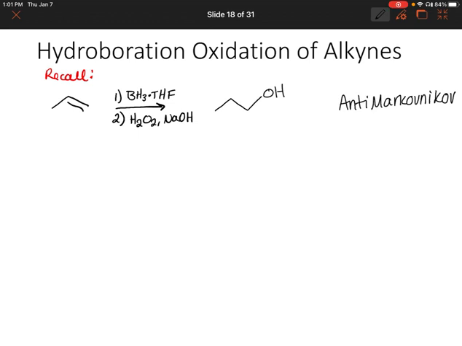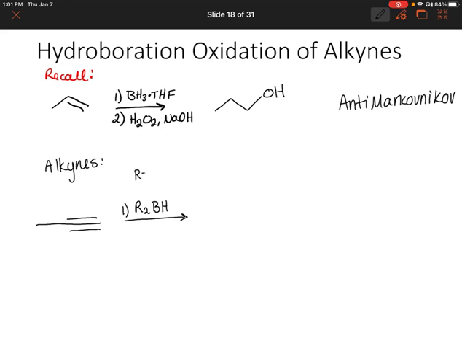Okay, so now let's apply this to alkynes. What happens when we perform hydroboration oxidation? Now the reaction that we're going to perform with our alkyne uses slightly different reagents. Instead of borane, we're going to use a different molecule that still has boron in it, but instead of being bonded to tetrahydrofuran, THF, it will be bonded to two alkyl groups.